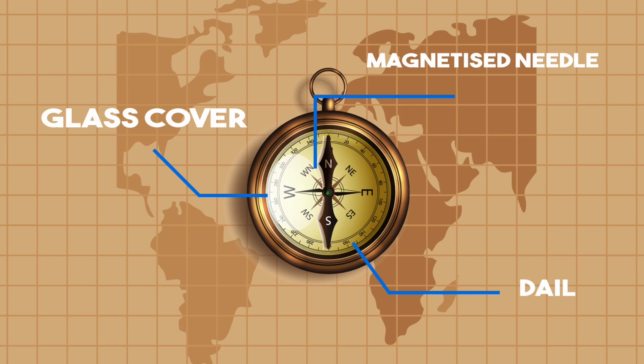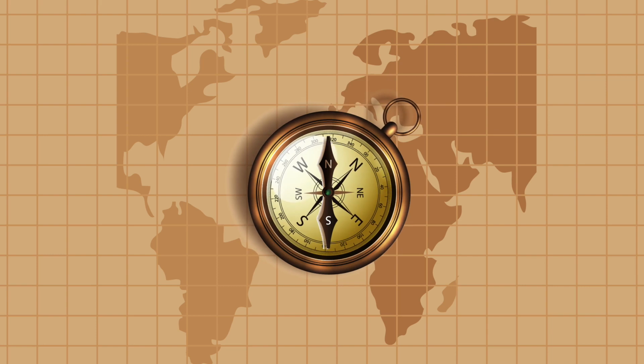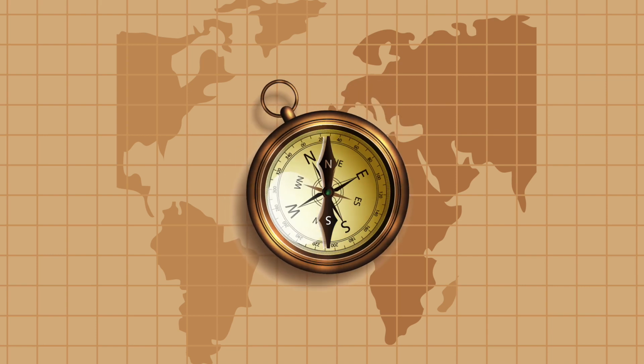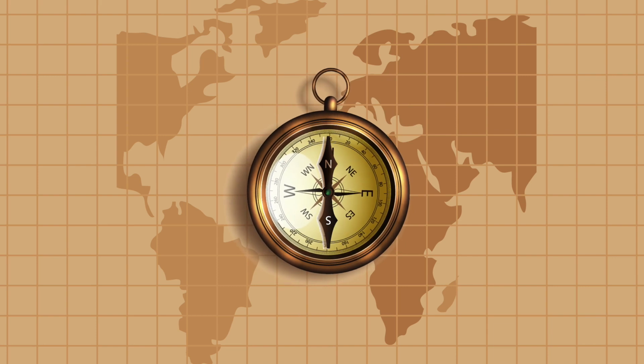The compass is kept at a place at which we wish to know the directions. Its needle indicates the north and south direction when it comes to rest. The compass is rotated until the north and south marks on the dial are at the two ends of the needle.